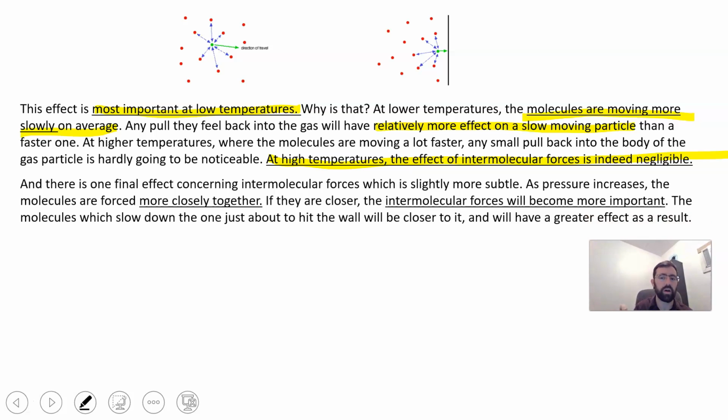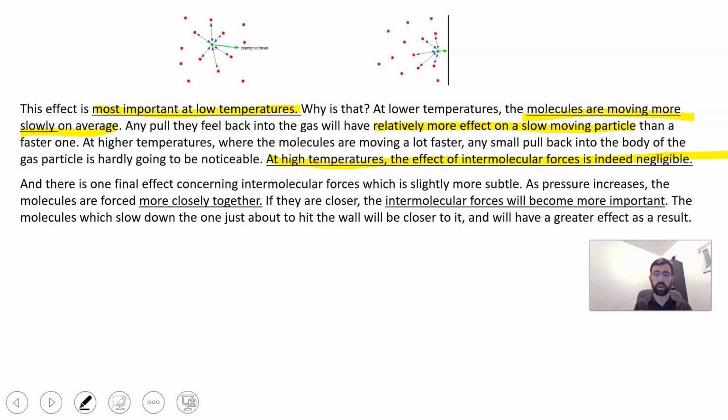There is one final effect concerning intermolecular forces that's a little more subtle. As pressure increases, the molecules are forced more closely together, and if they're closer, the intermolecular forces become more important. Remember, as particles get closer to one another, the attractive forces are more noticeable.